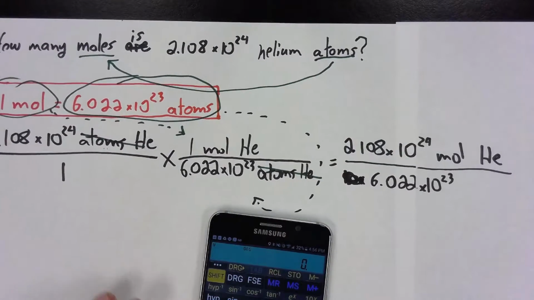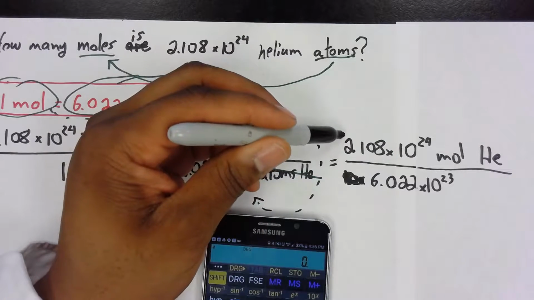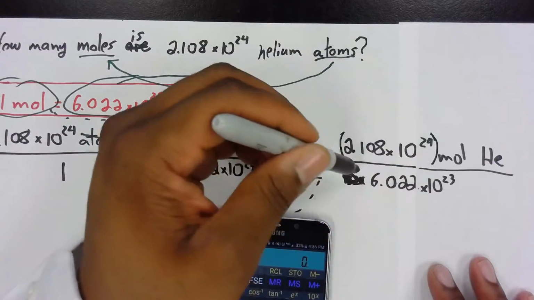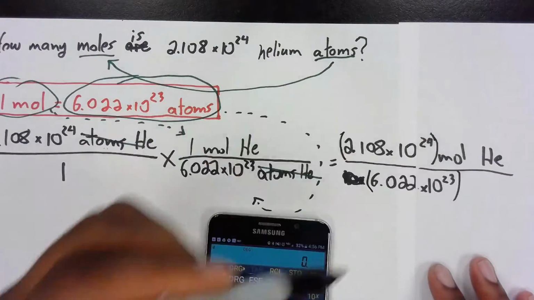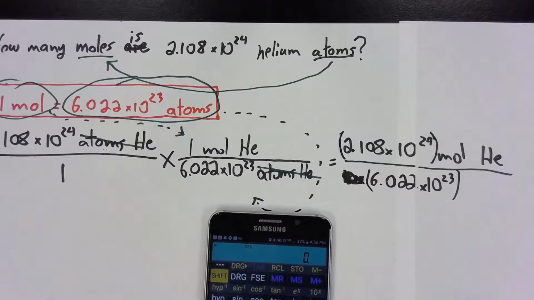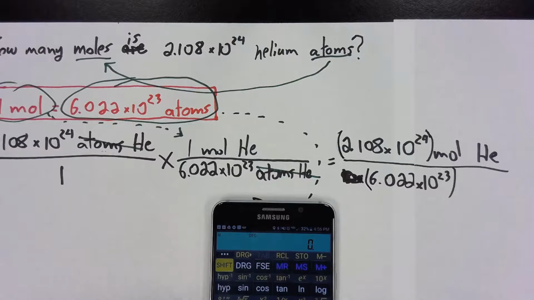Now, depending on what calculator you use, you may need to use parentheses. You'll have to put parentheses around your scientific notation like that. I don't have to do it on my phone calculator, but you may have to do it on your calculator to get the right answer. So just to be safe, I'll do it too.